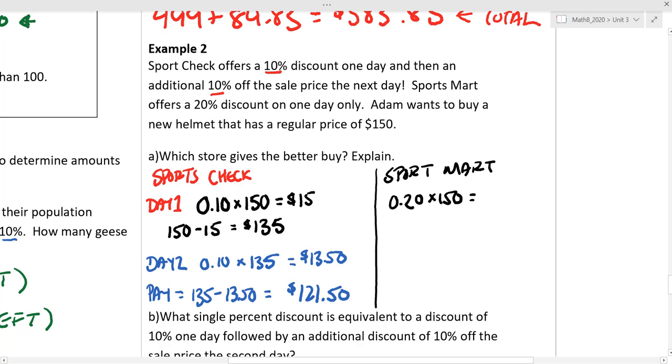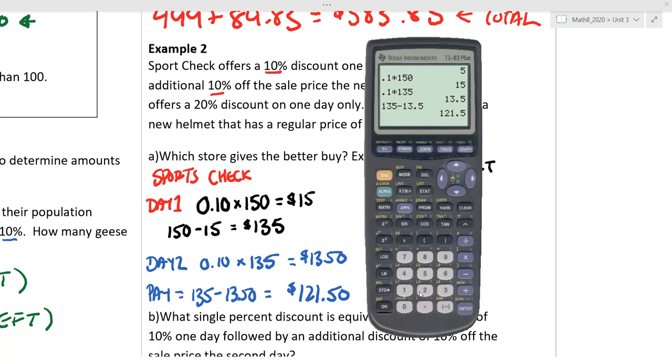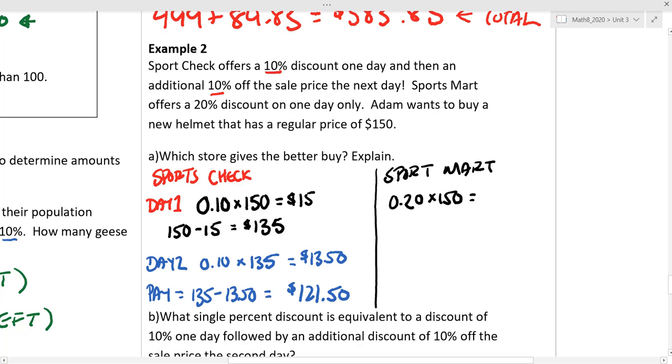We're giving you a one-day sale, 20% off. So 0.2 times 150, we're knocking $30 off. That's what SportsMart is saying. So how much money are you paying for this helmet? All right? So you go 150 minus the 30, you're paying $120.